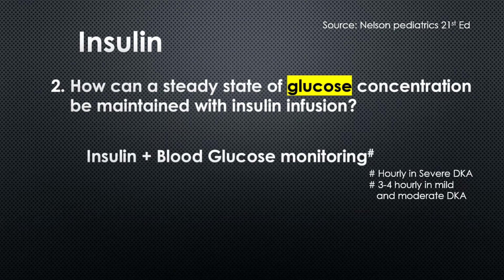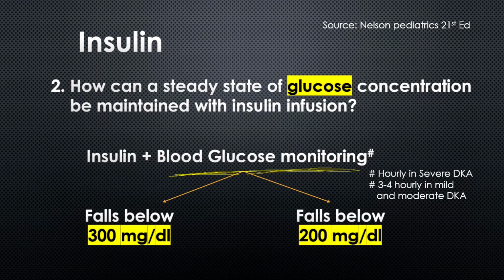This is very necessary because with the insulin we have to do blood glucose monitoring. So with the blood glucose monitoring there can be two situations. One is the glucose falls below 300 mg per deciliter and then it falls below 200 mg per deciliter.